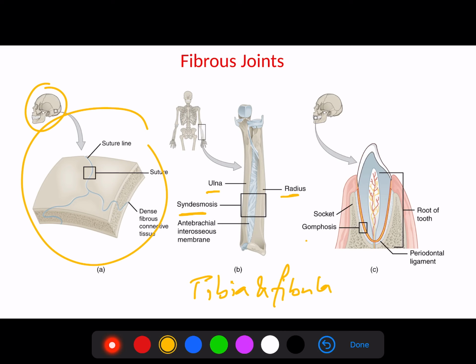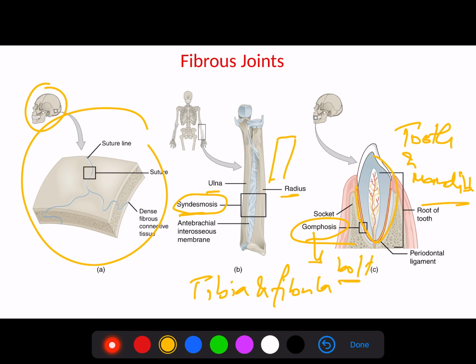And the third type is the gomphosis, between the teeth and the maxilla or the mandible in the jaw. Okay, so these are the three types. So these are the fibrous joints. What I need you to know is their names and examples of them.